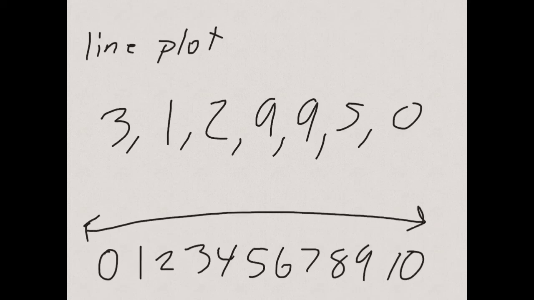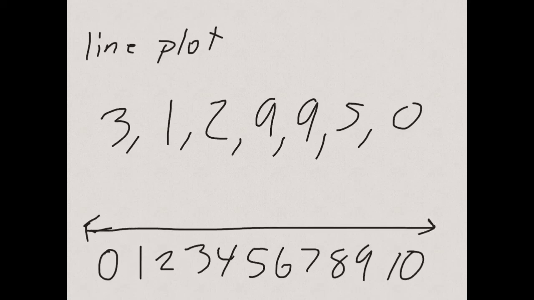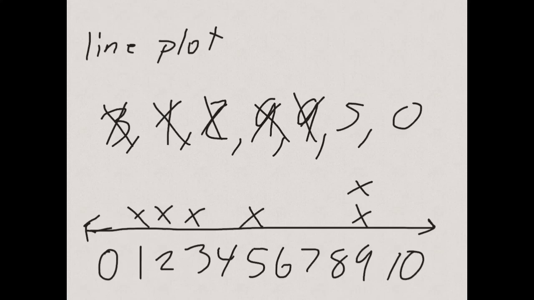So we do a number line. Let me fix this number line because I don't like that it was curved. How many times do I see 3? 1 time. 1 time. 2, 9 and 9, 5, and 0. There's your line plot.